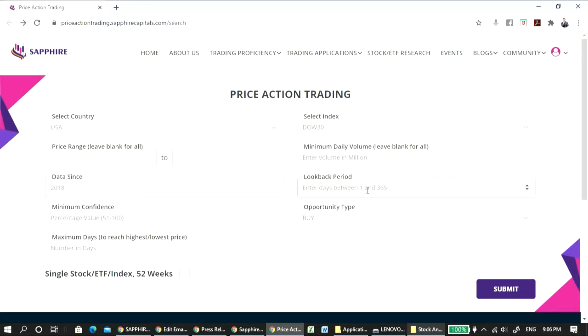So typically you would perform analysis using a look back period of say 4 to 5 days max. But for the purpose of this example, I'll use 30 days as the maximum, and I'll go through the detailed analysis in the summary and detailed report, where you will understand exactly how this parameter is to be used. So for the purpose of this tutorial, I'm putting a 30 days look back period.